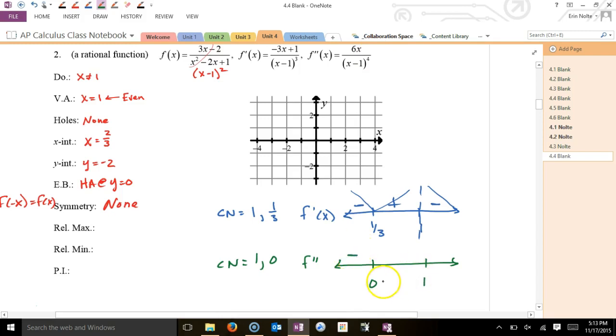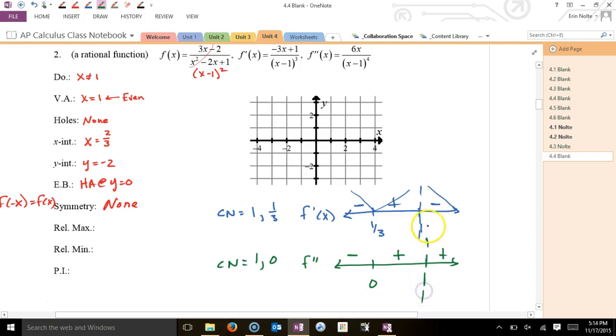And then if I plug in a number between 0 and 1, I could plug in 1/2. So a positive 1/2 plugged in is going to give me a positive over a positive. And then if I plug in something like 2, 2 is also going to give me a positive. Okay, so second derivative gives me concavity.